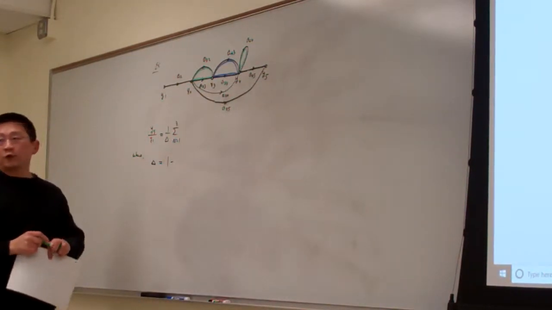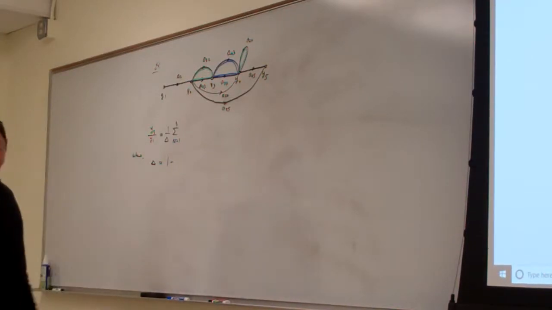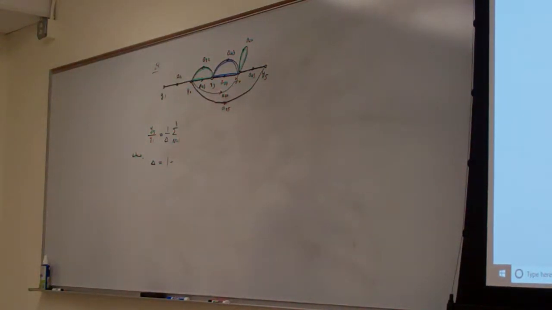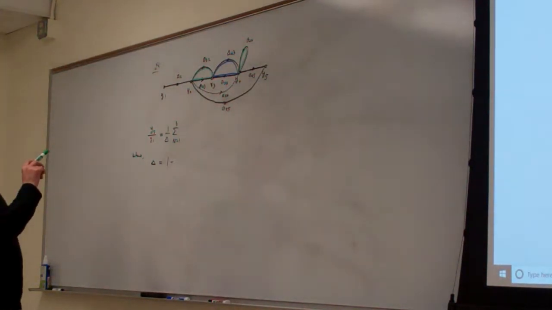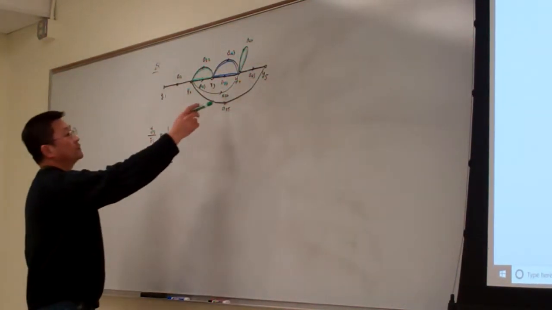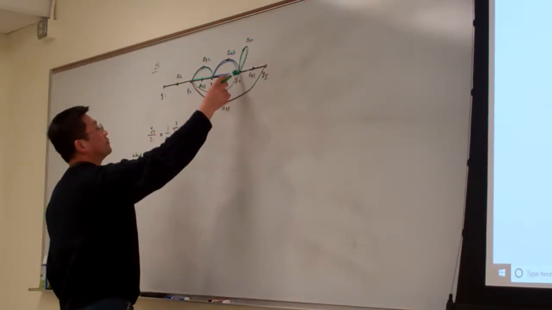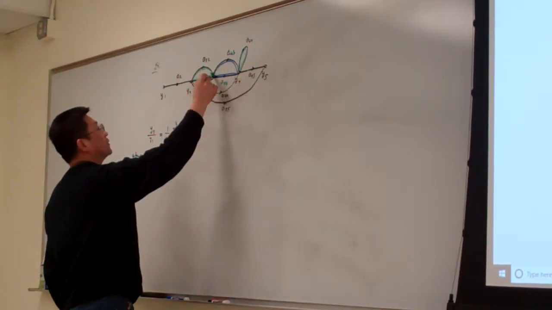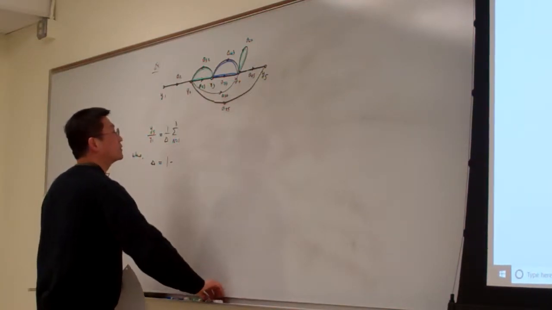Do we have more? I think that's pretty much it, right? A34, back to Y2, back to here, right?